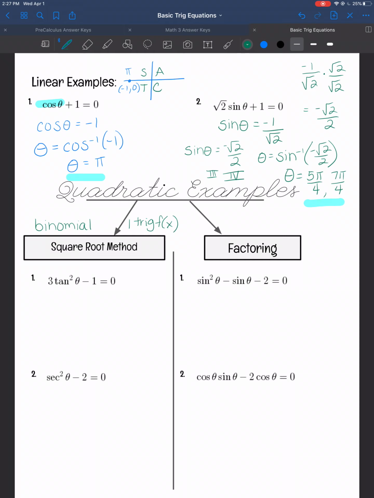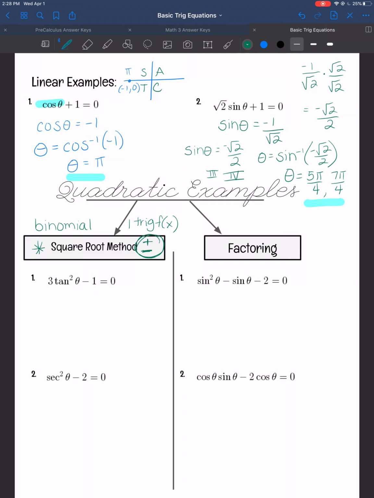The other thing you have to make a huge note of is that when you take the square root of something, you need plus or minus in front of your answer. If you do not put the plus or minus, then you're going to miss out on some of your answers. So star that, make a note of that, something.